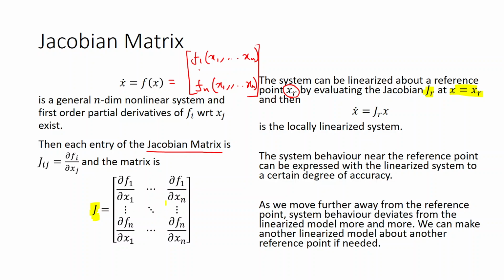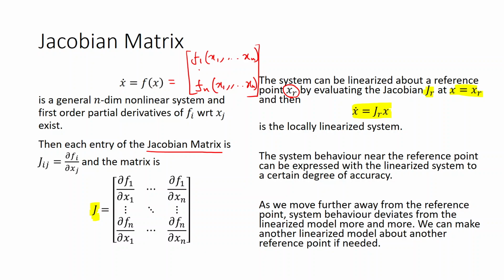This is not evaluated at any particular point xr. So after calculating this Jacobian, you put the value of x as xr, and then you are evaluating the Jacobian Jr. With that Jacobian Jr evaluated, the system becomes linearized about the reference point x equals xr, and the linear system is x dot equals Jr x.